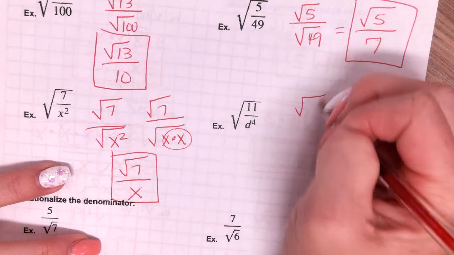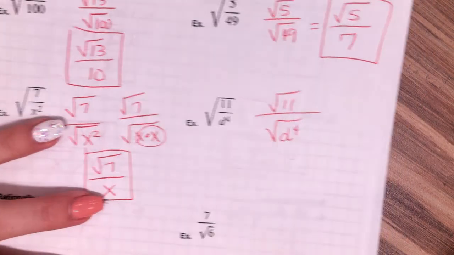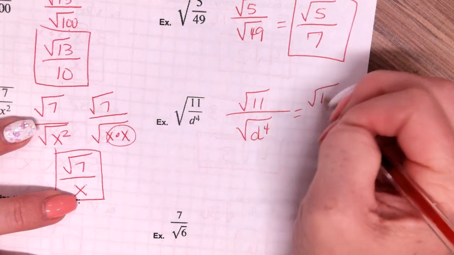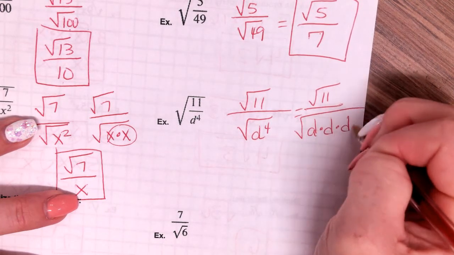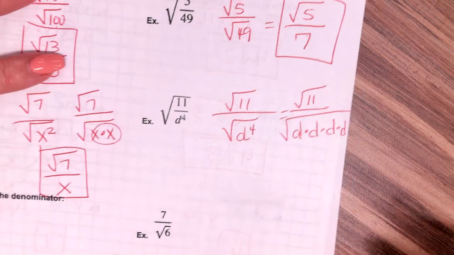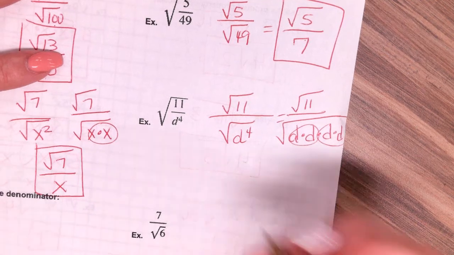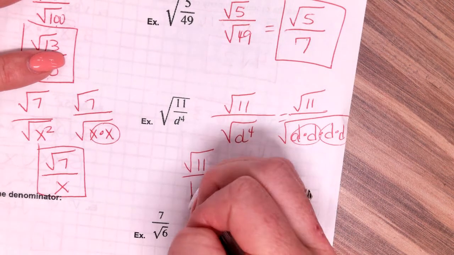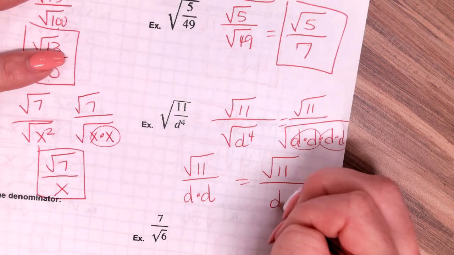Okay, the square root of 11 over the square root of d to the 4th. That's the square root of 11 over the square root of d times d times d times d. So I got 2 of them I can pull out. So if you want to see, I have the square root of 11 over d times d, which is d squared.